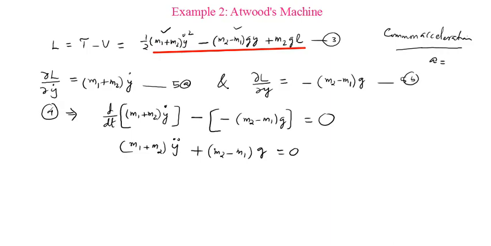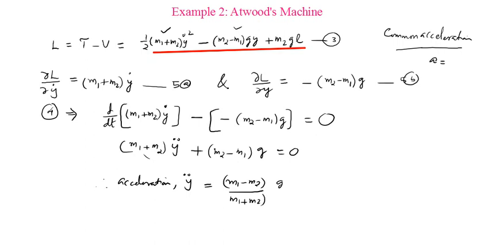So the acceleration of the mass system, y double dot, you can just take one term to the other side. So it becomes m1 minus m2, into g, divided by the coefficient of y double dot, that is m1 plus m2.